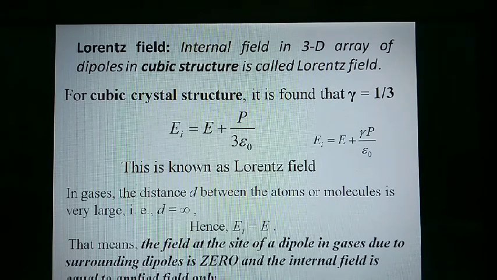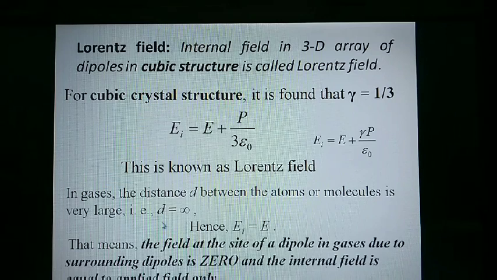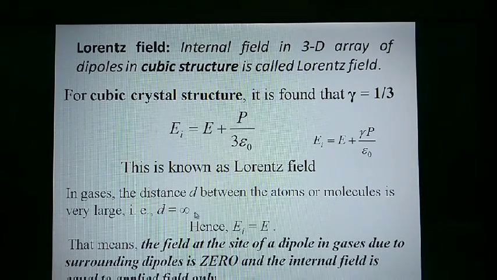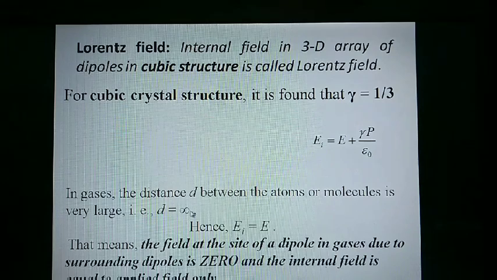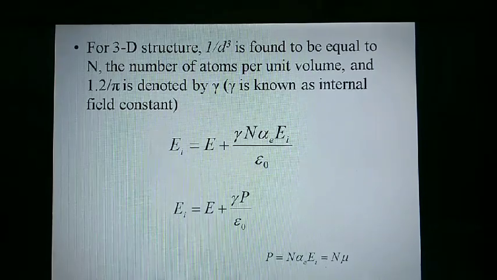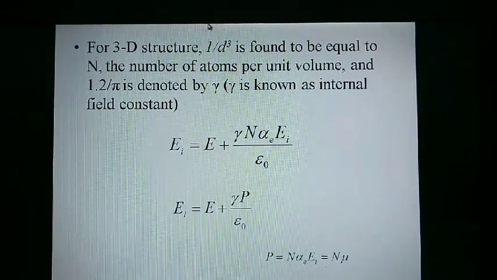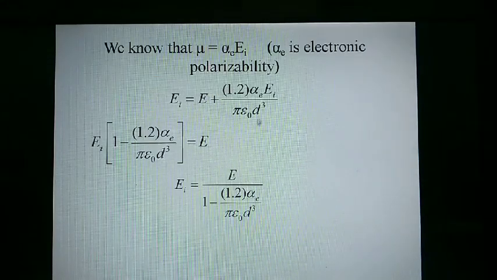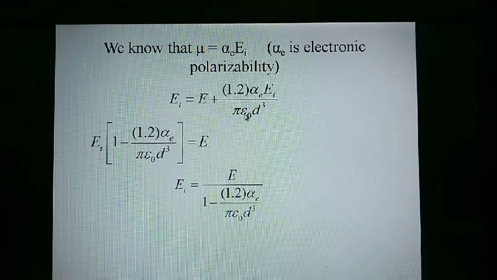Or mathematically, the d can be taken as infinity for gases. Because of that reason, in the equation of internal field, we will get the second term equal to 0. Because you can observe in this equation that if d is equal to infinity, the second term becomes 0.